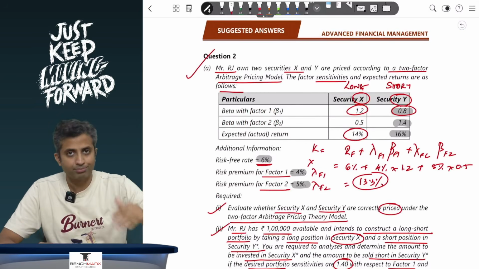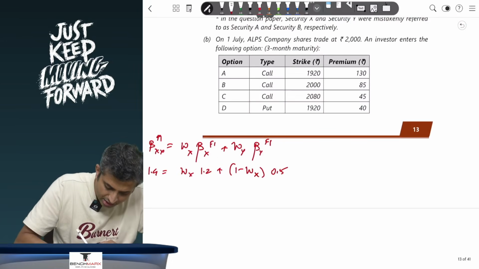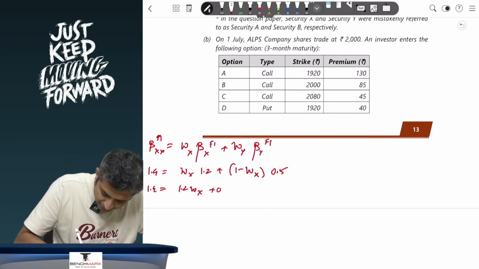You can have multiple alternative methods to find this answer, but if I just solve for this, you will get the answer. So this is 1.4 equals 1.2 Wx plus 0.5 minus 0.5 Wx.